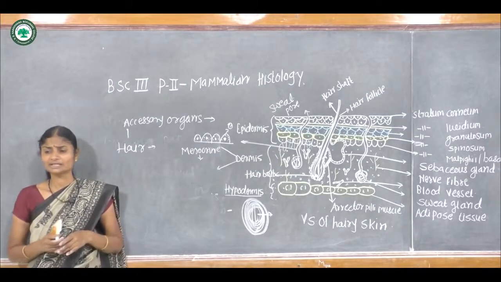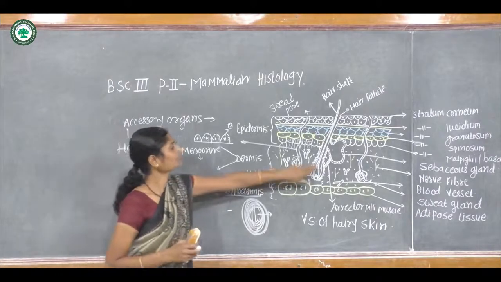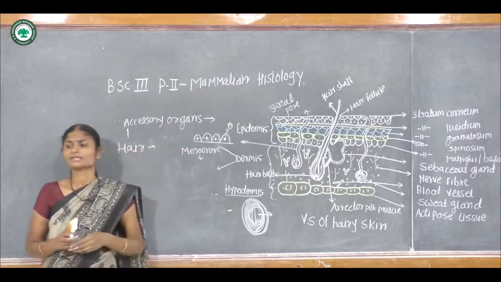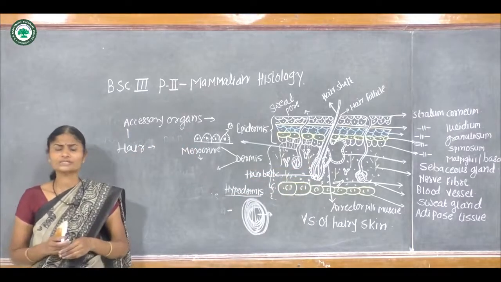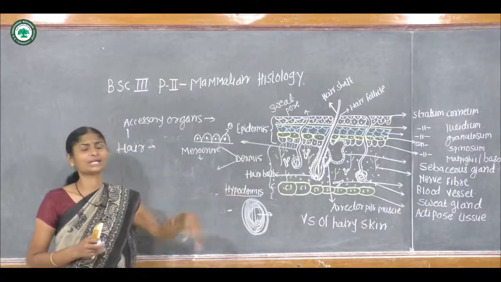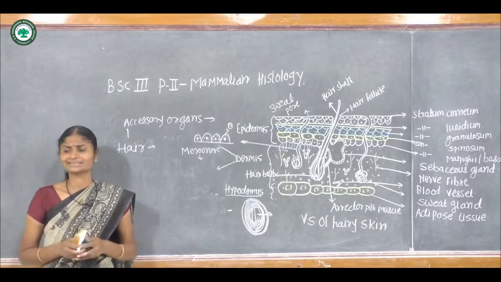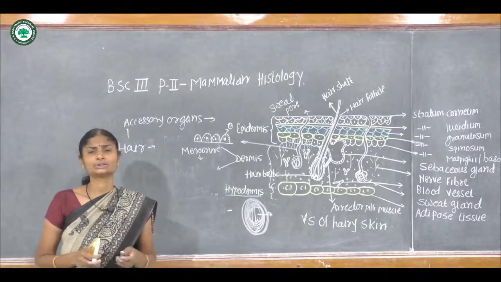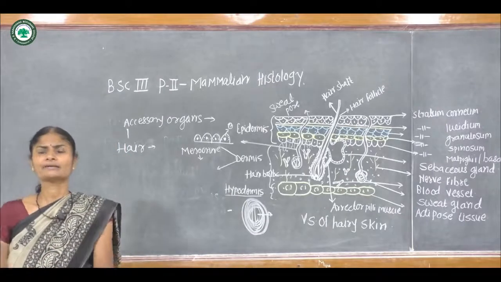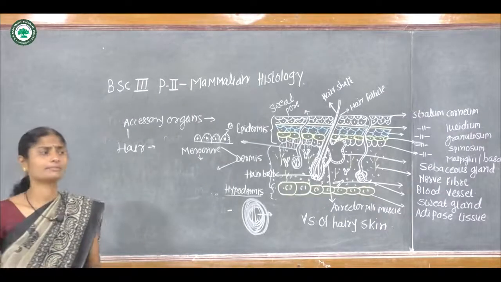At the lower end of the root there is a knob-like structure called the hair bulb, which contains a connective tissue mass called the hair papilla.